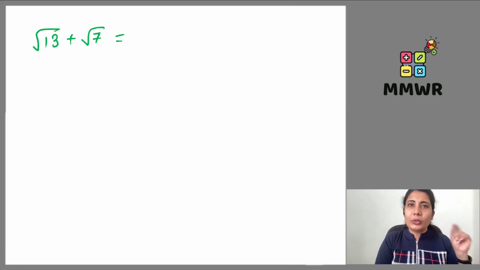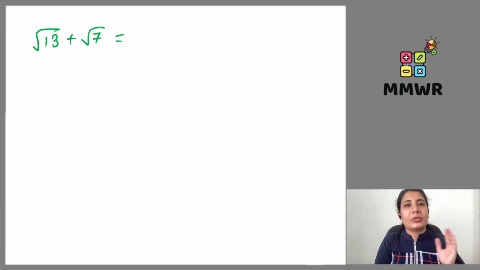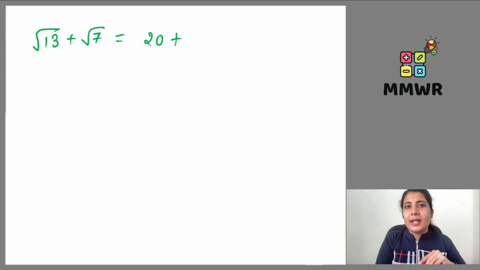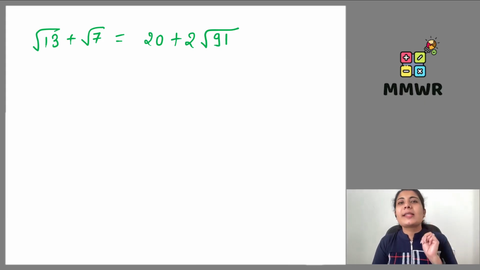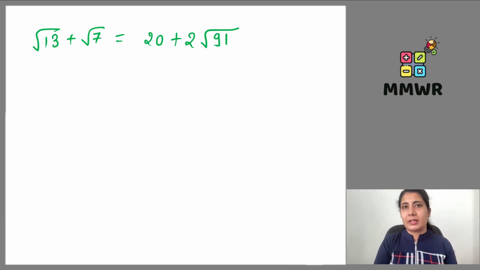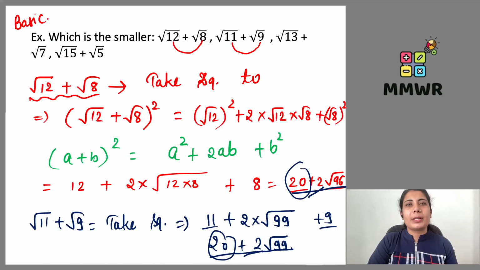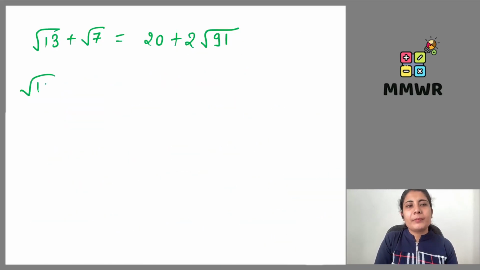Of course, root 13 square gives me 13, root 7 square gives me 7. So 13 plus 7 will be 20, and twice of root AB, that means 2 multiply root 13 multiply root 7, gives me 13 sevens are 91. So after simplifying the third value root 13 plus root 7, this gives me 20 plus 2 root 91. And the last number is root 15 plus root 5.